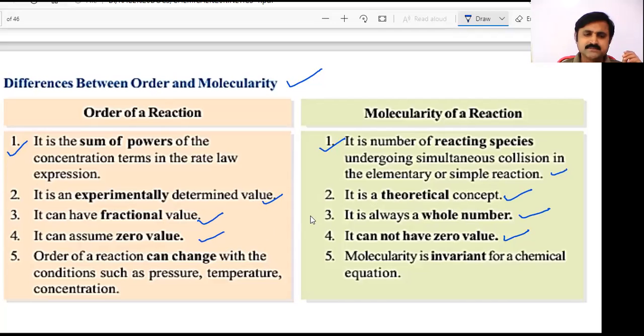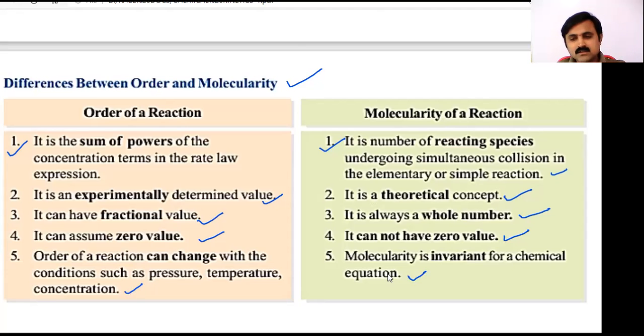The fifth point: order of reaction can change with conditions like pressure, temperature, and concentration, but molecularity is invariant for a chemical equation. Invariant means it is not going to change. This is all you have to write in the examination. Actually, it is the most important question from the final examination point of view.